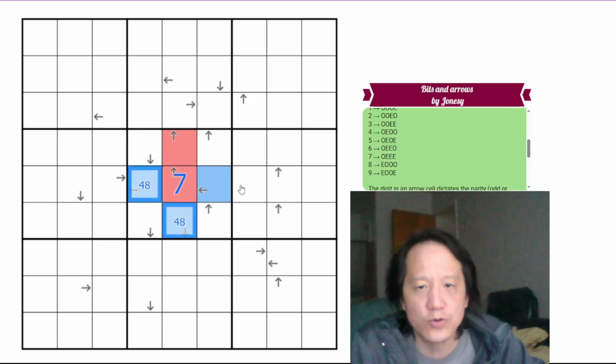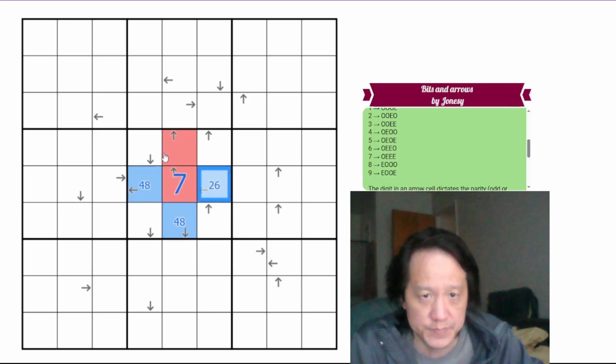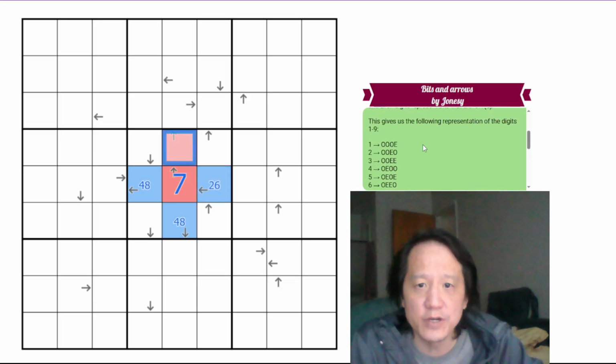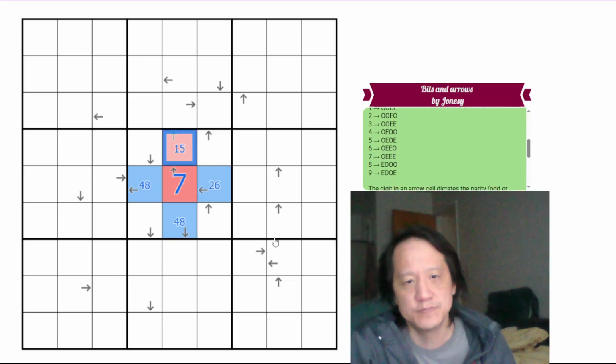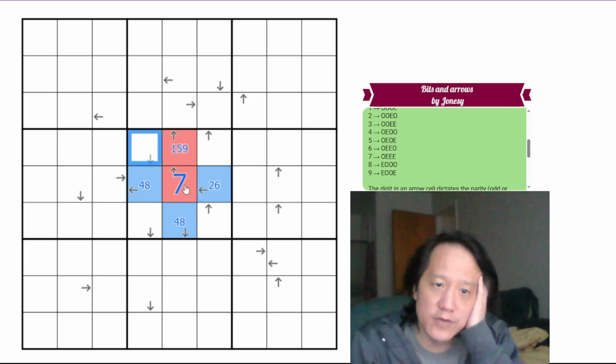Since that's a 4-8 pair, then we have 2 and 6 here. Odd digit with an odd digit in the third bit would be 1, 5, or 9. Okay. 4 is odd, even, odd, odd. 8 is even, odd, odd, odd.